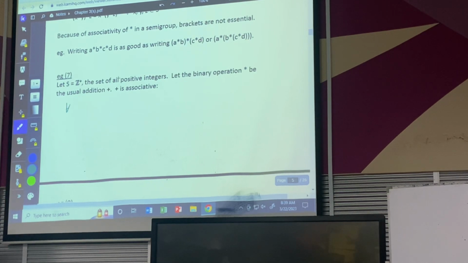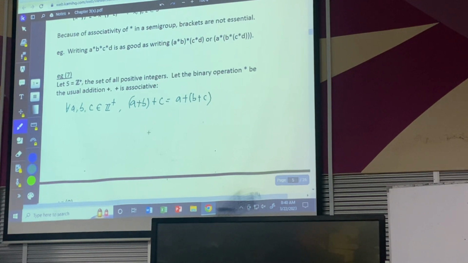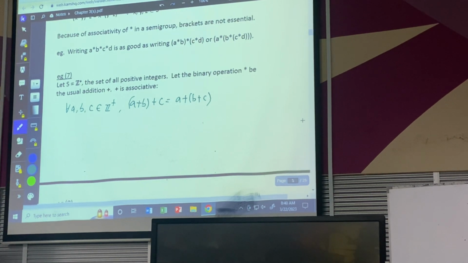Now we already know that plus is associative, so how do we show it? We need to show that for all A, B, C which belong to the positive integers, (A plus B) plus C will be equal to A plus (B plus C). This is to show that this plus is associative, and to show that the set given is a semigroup.